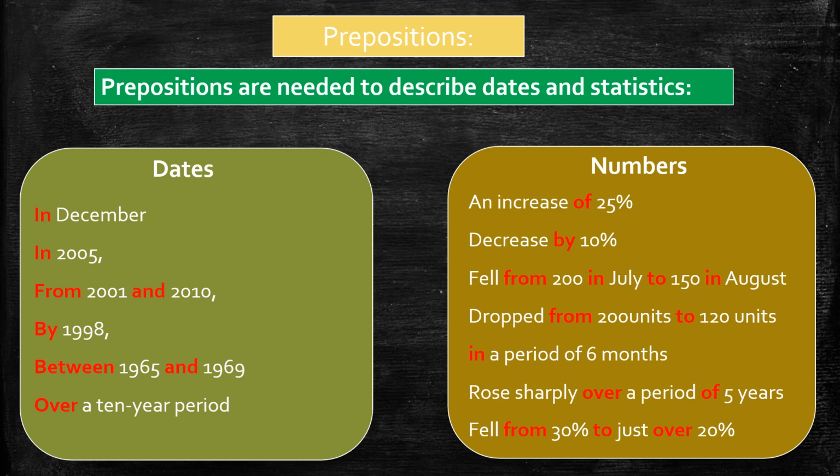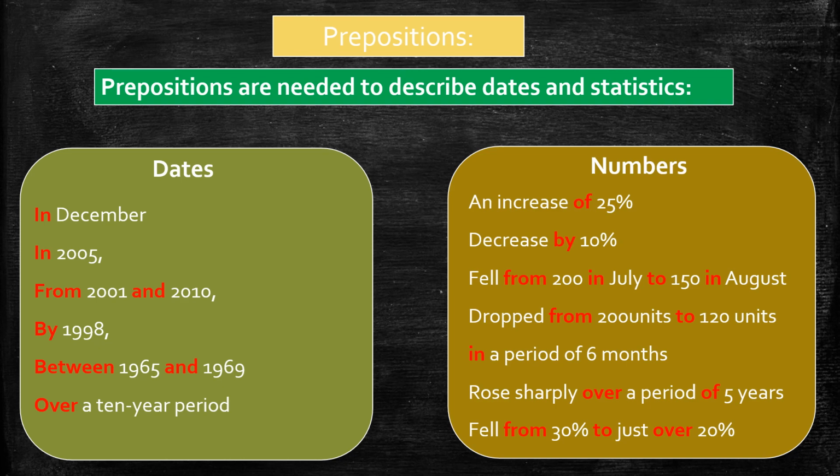If you're talking about two time periods, you can say from 2001 to 2010, or between 2001 and 2010. You can use either one. By 1998, over a 10-year period. If you're talking about the overall picture in the graph, you can use over a 10-year period, only for dates.